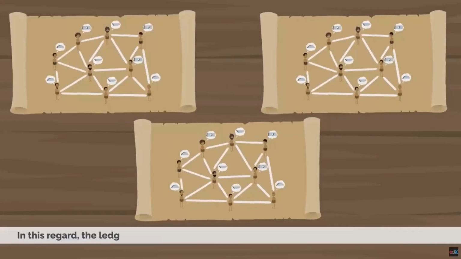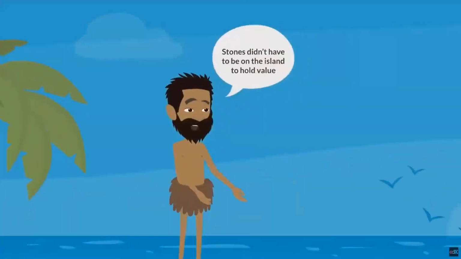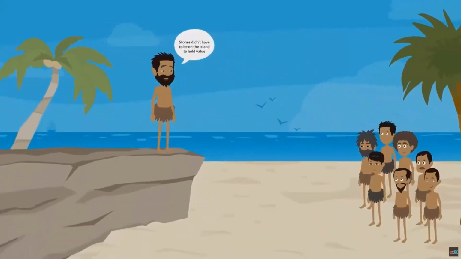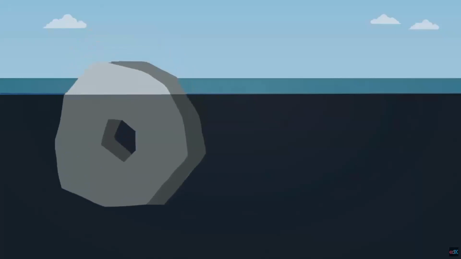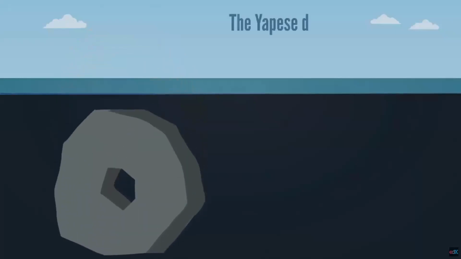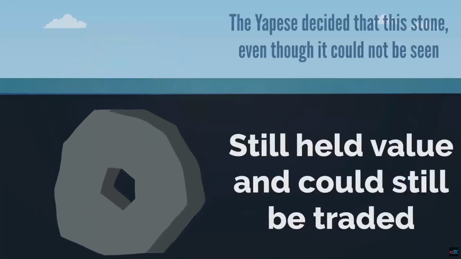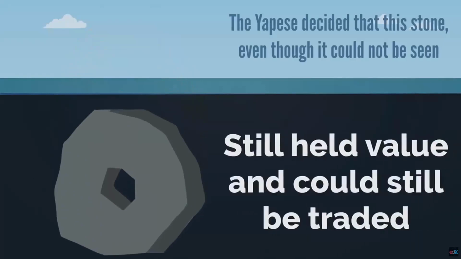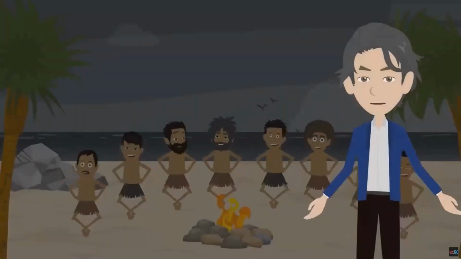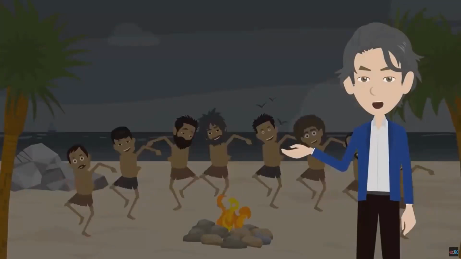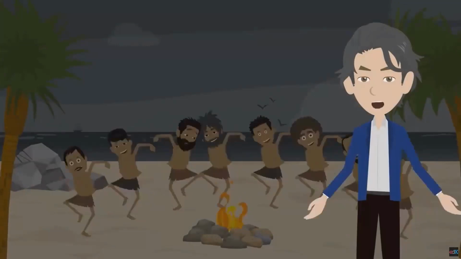In this regard, the ledger was fault-tolerant and could not be easily changed, corrupted, or lost. The tribe also decided that stones didn't have to be on the island to hold value. One day, a stone fell into the ocean, and the Yapese decided that this stone, even though it could not be seen, still held value and could still be traded. This system of consensus by the majority of the adults on the island, with no central administrator, is one of the first examples of distributed ledger.